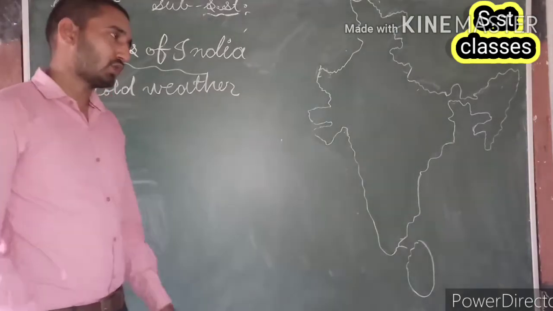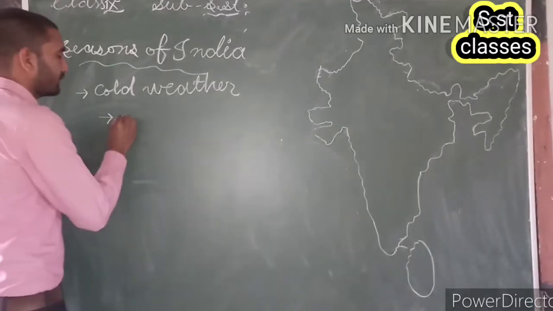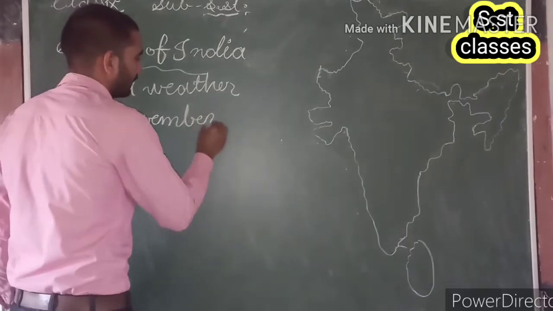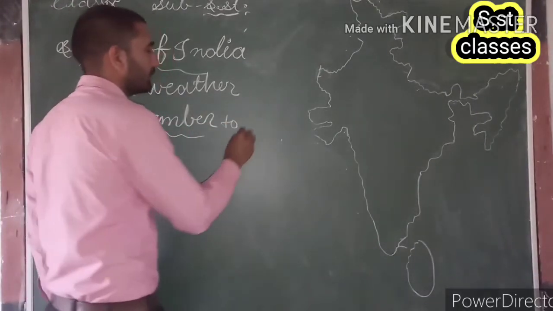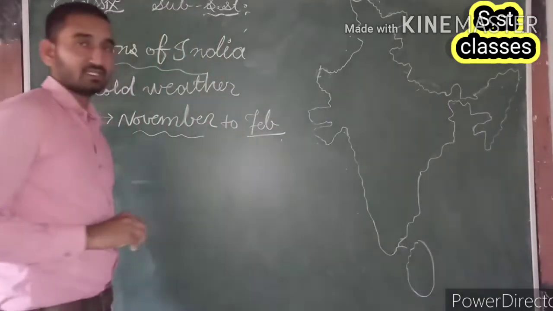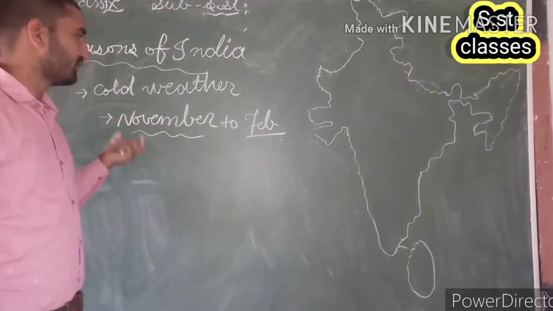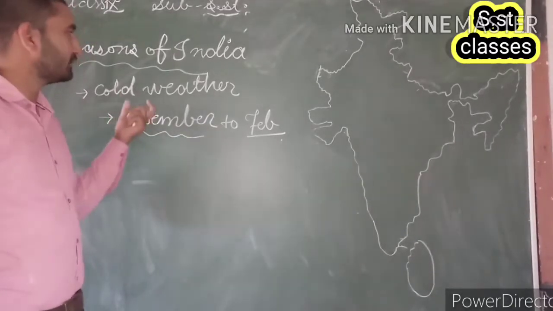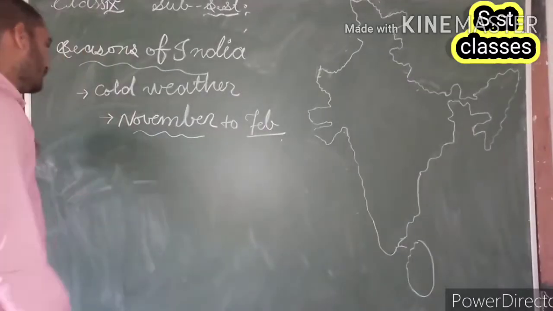In India, the cold weather season starts from November and ends in February. So we can say that the cold weather season in India extends from November to February. Is that clear, guys? So the time period for the cold weather season in India is from November to February.